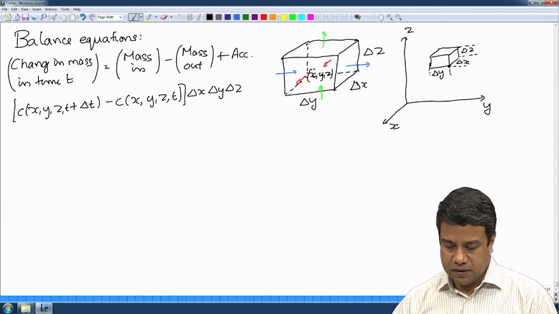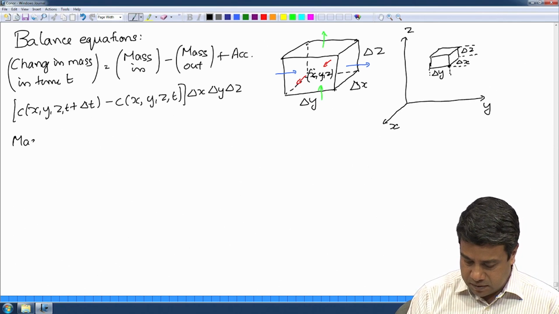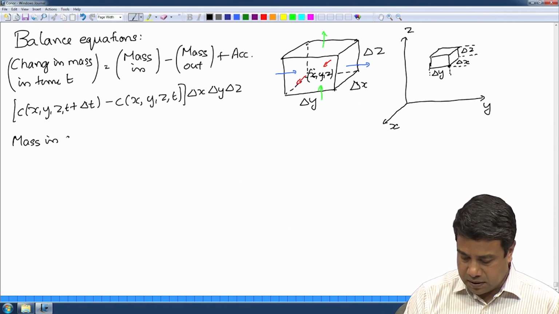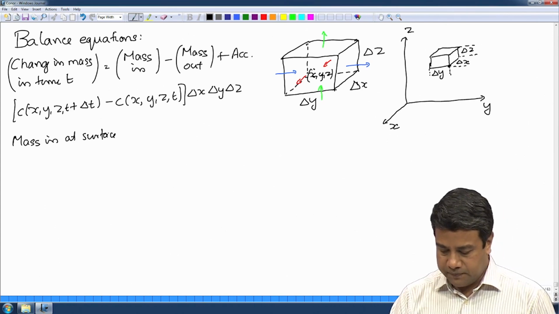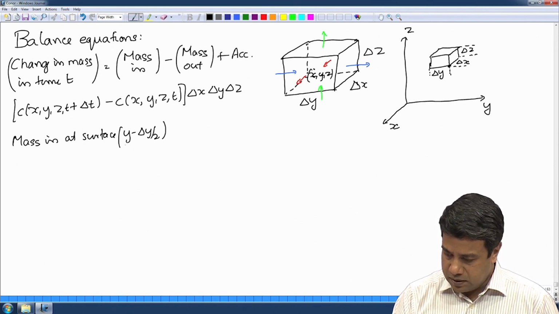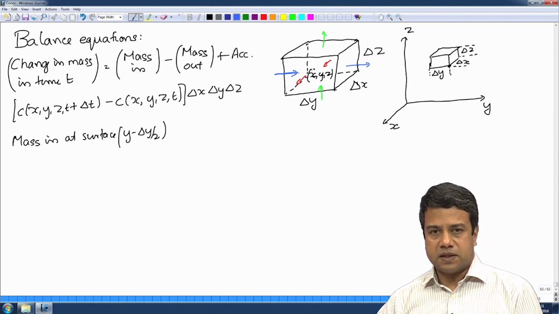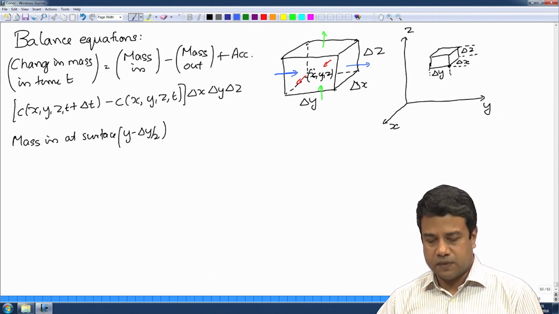So, mass in at surface y minus delta y by 2. I will first take this left surface.